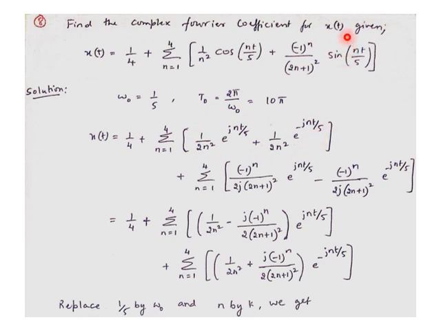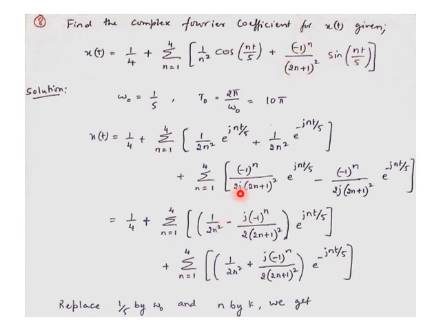So this is what 1 by n square cos nt by 5 becomes. Similarly, for the next part, I'll take the summation separately, along with minus 1 to the power n divided by 2n plus 1 whole square, but sine nt by 5 can be represented as an exponential value, that is e to the power j nt by 5 minus e to the power minus j nt by 5 divided by 2j. That 2j will come along with this term.